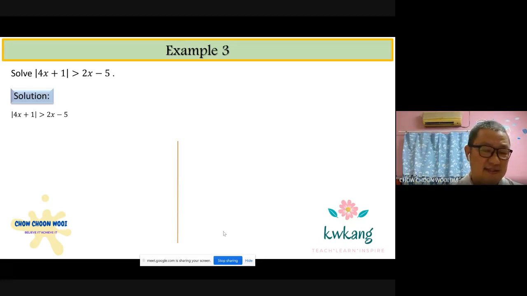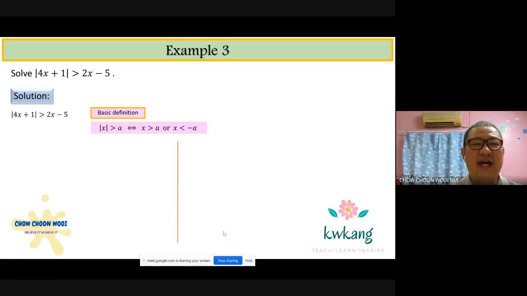So the third one, what is it? The definition, right? The modulus of x is greater than a, if and only if x is greater than a or x is less than negative a. See, when it is greater than, we get or. Don't ask when to use or and when to use and. The definition already tells you.